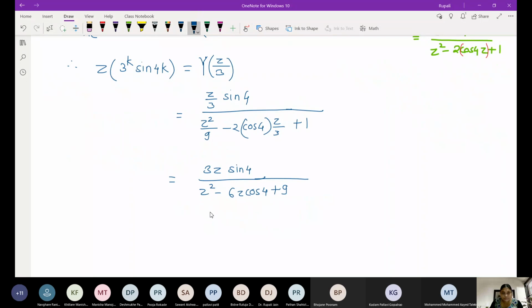Is that right? Take LCM of 9. 9 goes above, then 9 by 3 is 3z sine 4, z square minus 6 cos 4 z plus 9, since here we have to multiply by 3. Is it right?